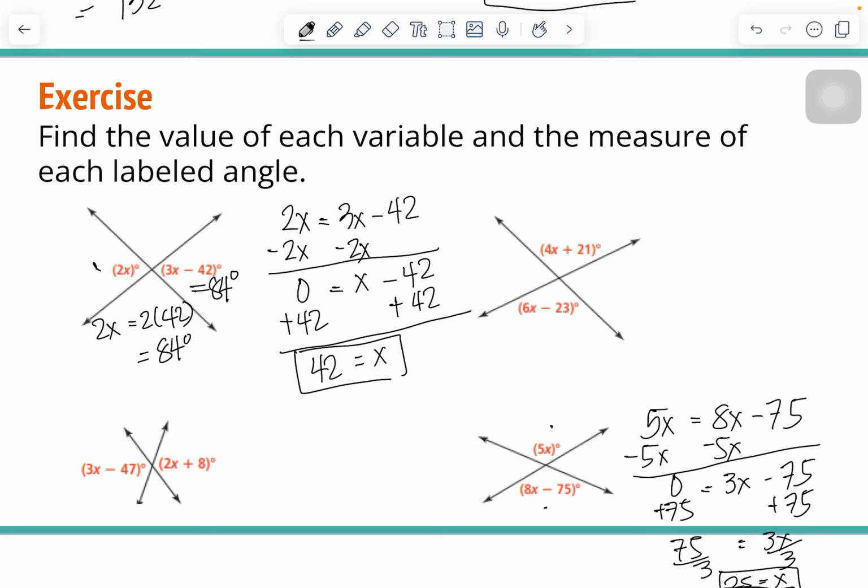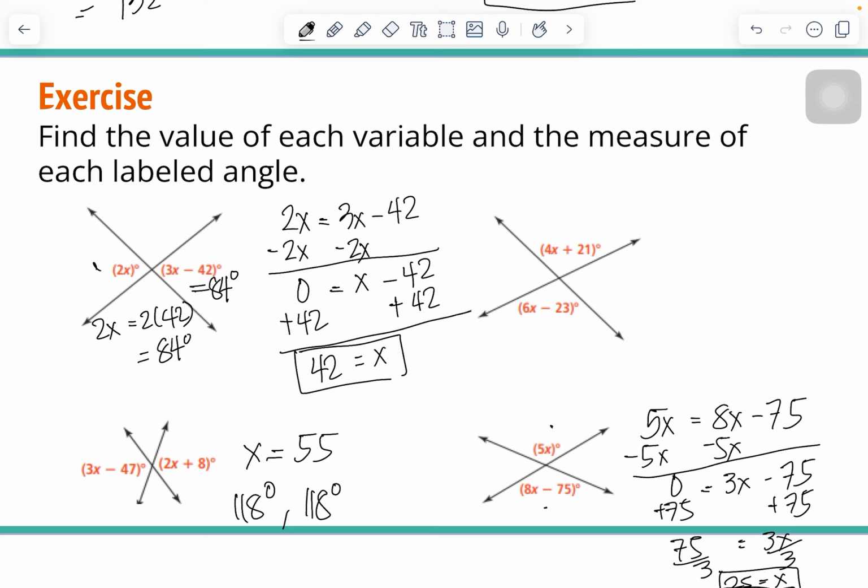4x plus 21, and that one, where is... Alright, with regards to these 3x minus 47 and 2x plus 8, that should give you x is equal to 55, and both angles are 118 degrees.